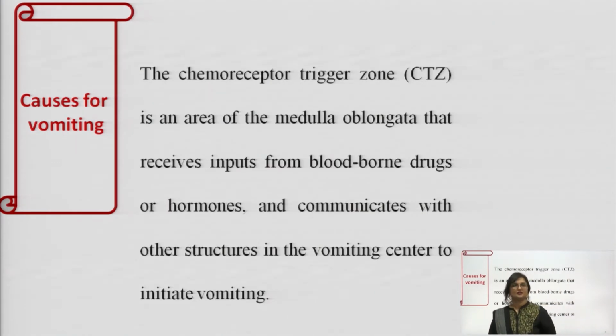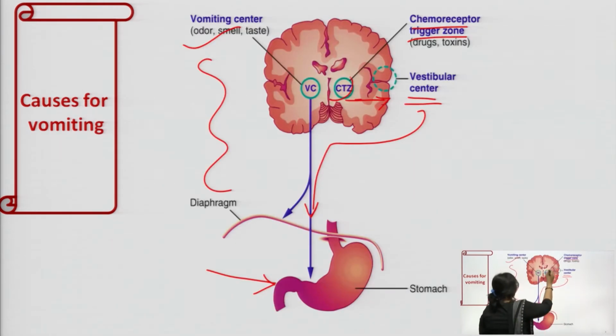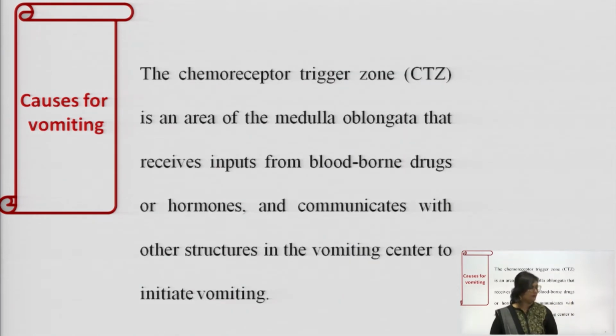Now, the chemoreceptor trigger zone is an area of the medulla oblongata that receives input from blood-borne drugs, toxins or hormones.